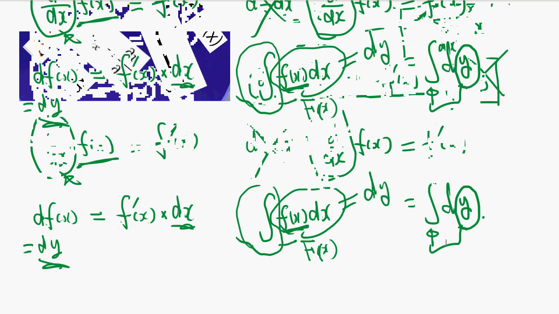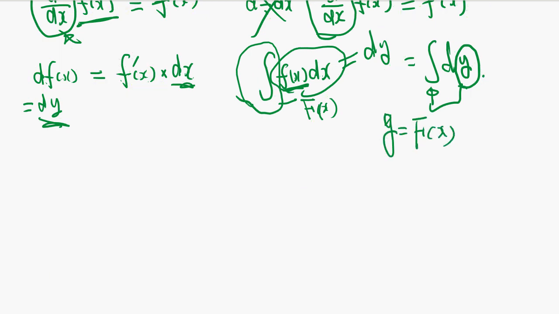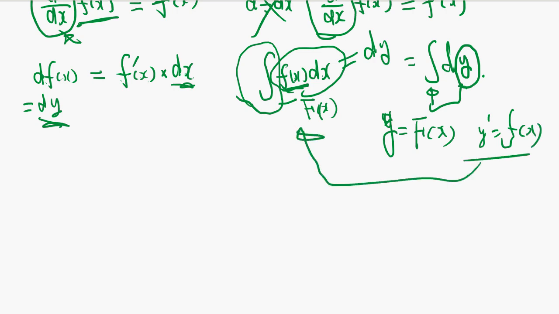That's the meaning. Find this y. The y is, in this case, capital F(x), and when you take a derivative, y prime is f(x) in this case. So this means simply find the y, because dy is f(x) dx, right?